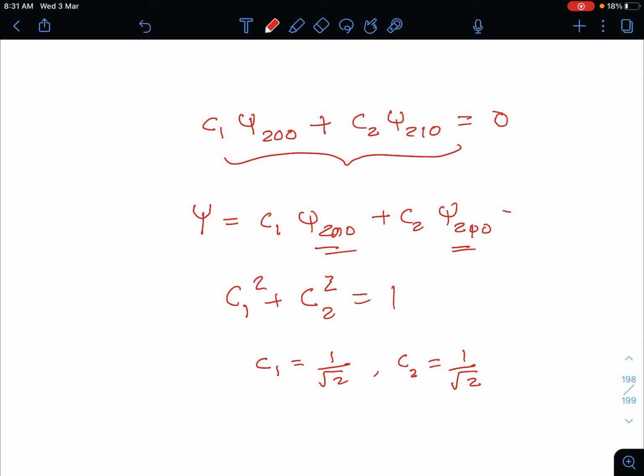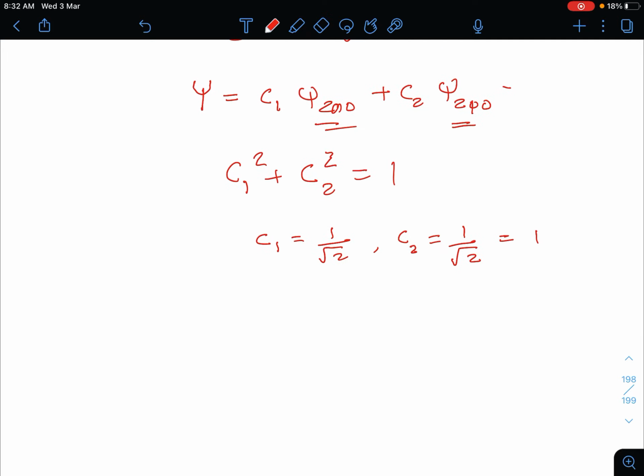So 1 by root 2 squared plus 1 by root 2 squared becomes 1, because these have equal probability. So the new wave function combination psi is equal to 1 by root 2 into psi 200 plus psi 210.